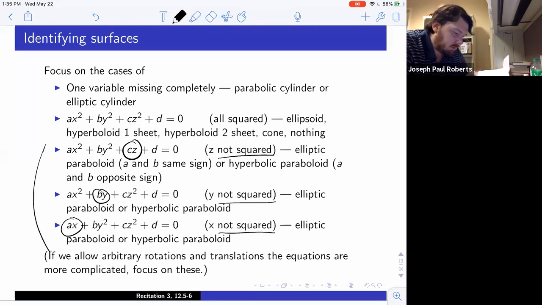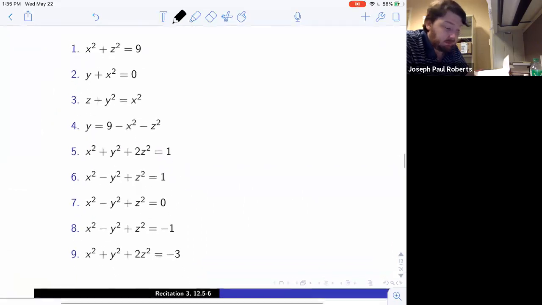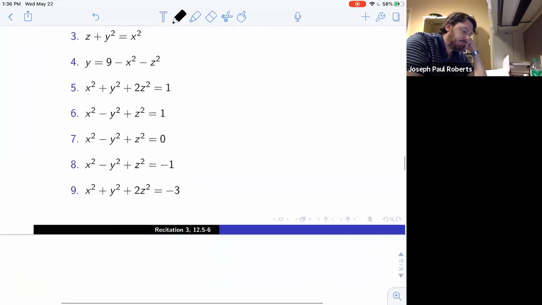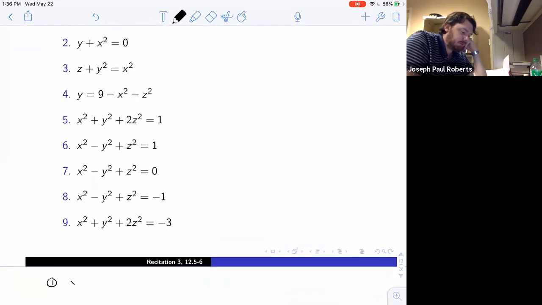And so let's take a look at 9 equations and practice thinking about what they're going to give us in terms of a surface. So let's see here. Something I noticed for this first equation: the first equation is x squared plus z squared equals 9.